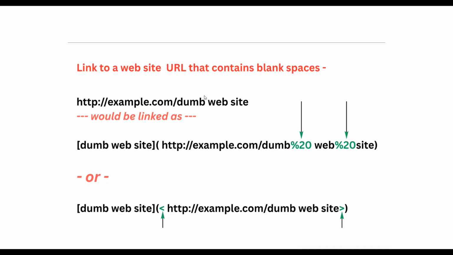Wherever there's a space in the website address, you replace that space with %20. By the way, there shouldn't be a space here. This is a typo. Sorry about that. Same here. Replace that space with %20. The other option, the easier option, is to enclose the entire website address in pointy brackets. If you use either of these methods, you can overcome the problem of a website that has spaces in its address.